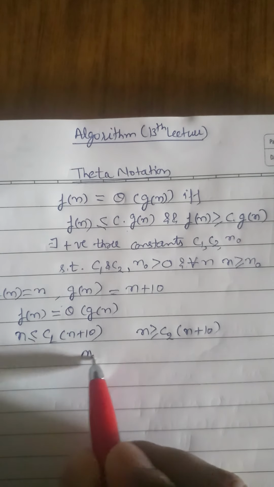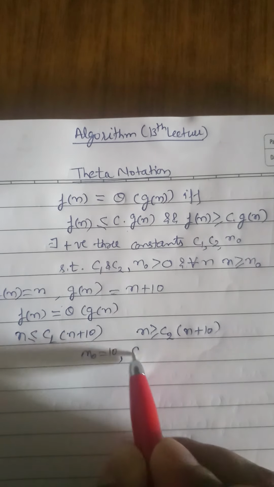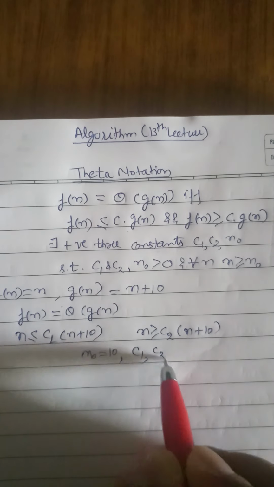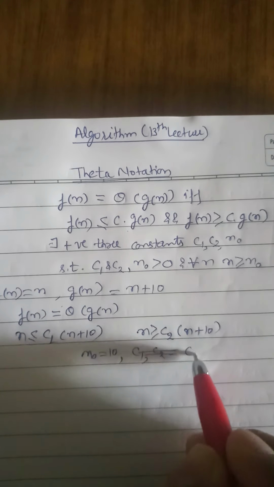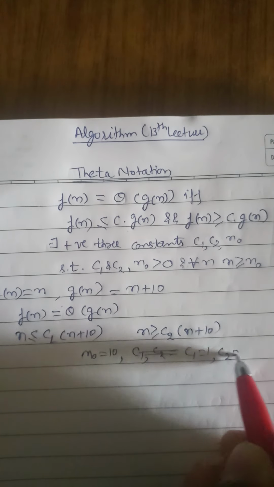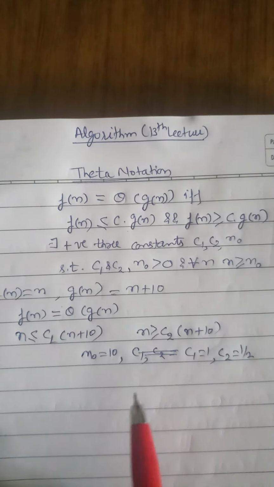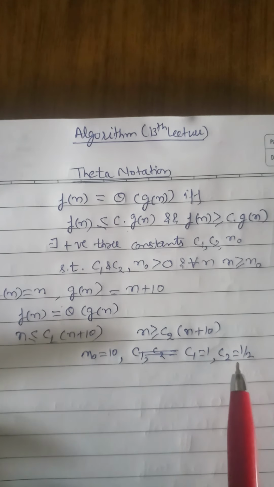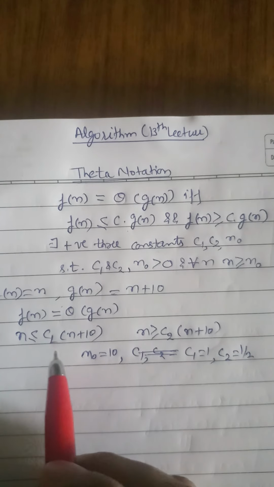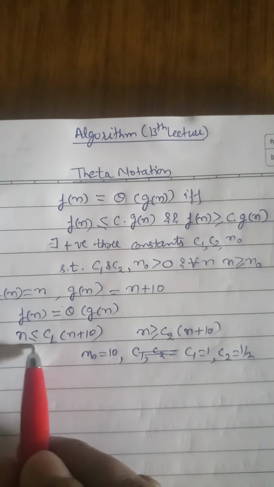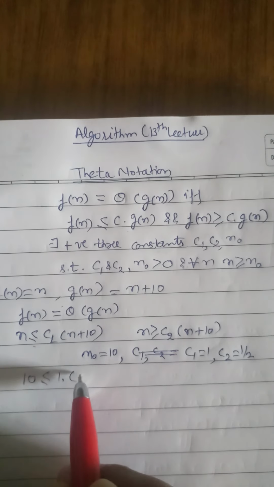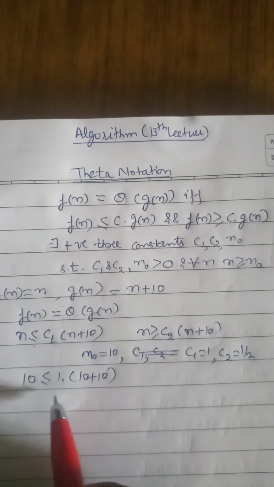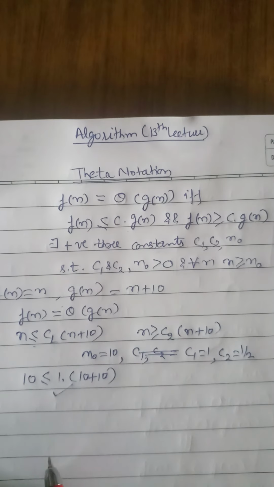So how will we choose? Suppose we take n0 as 10, c1 as 1 and c2 as 1 by 2. Let's see the result. 10 is less than 1 times (10 plus 10), so this condition is satisfied.